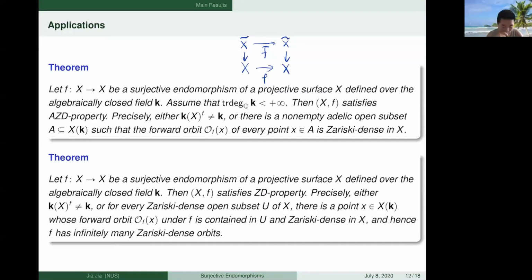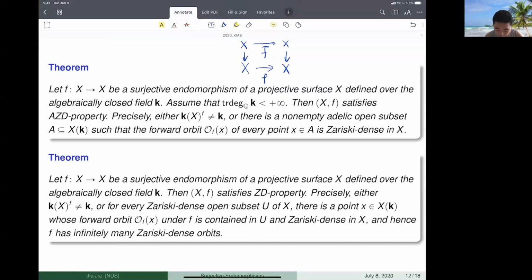So let's look at the second theorem. So this one should be the strong DD property.